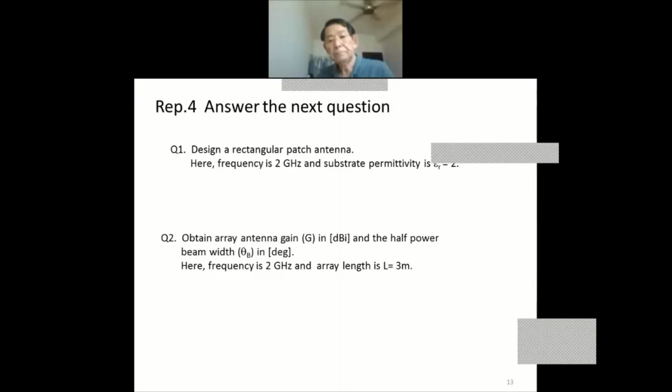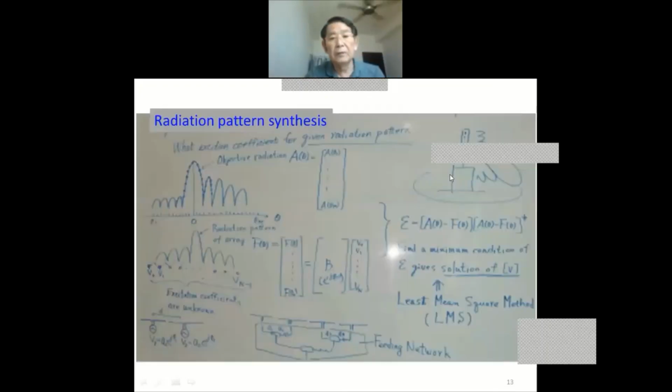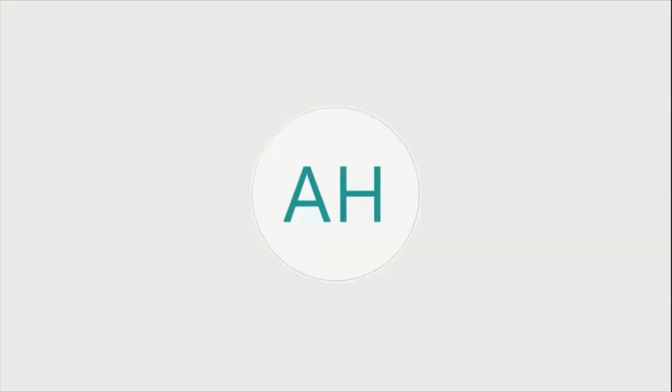Design a rectangular patch antenna, the frequency is 2 GHz and the substrate permittivity equals 2. So using this equation, operating at 2 GHz, design the patch antenna by yourself.